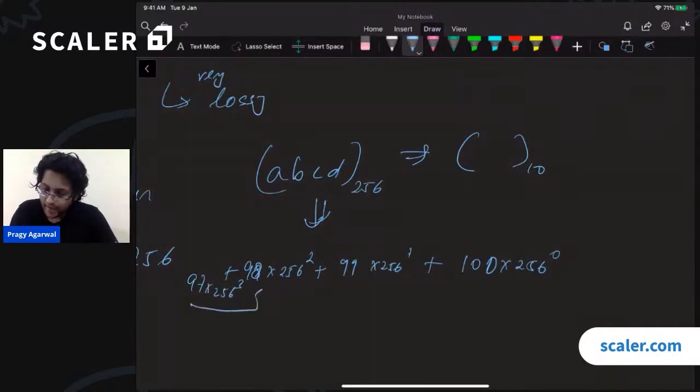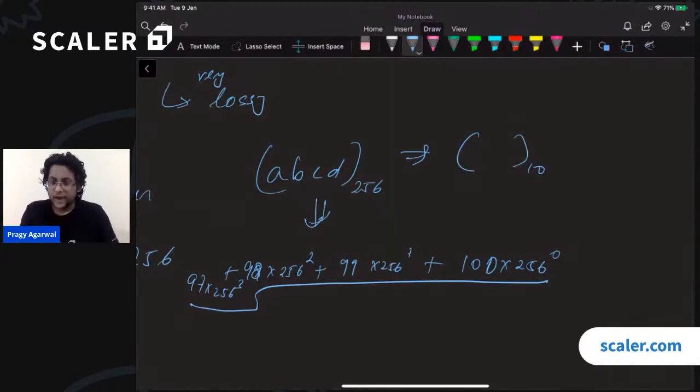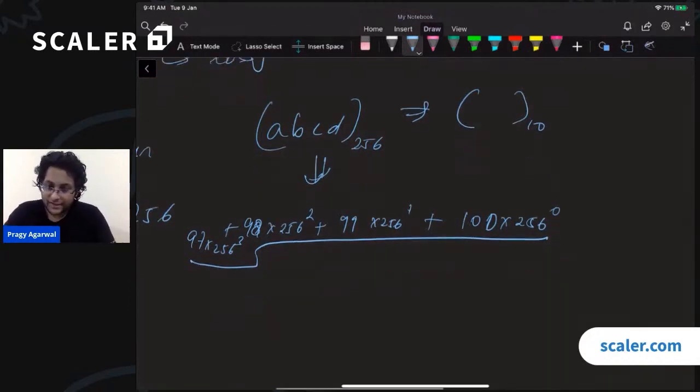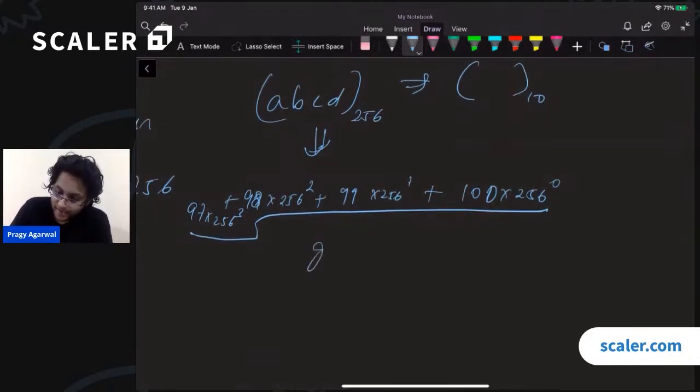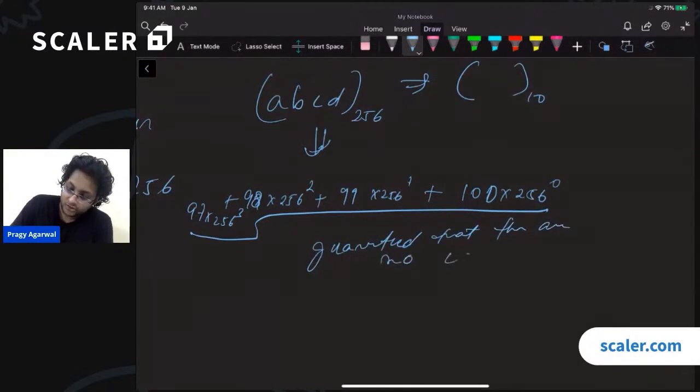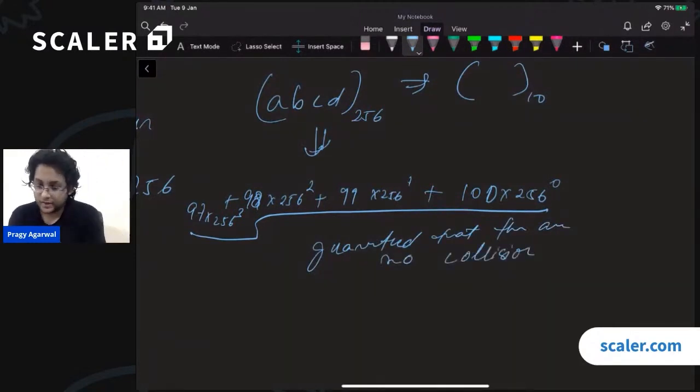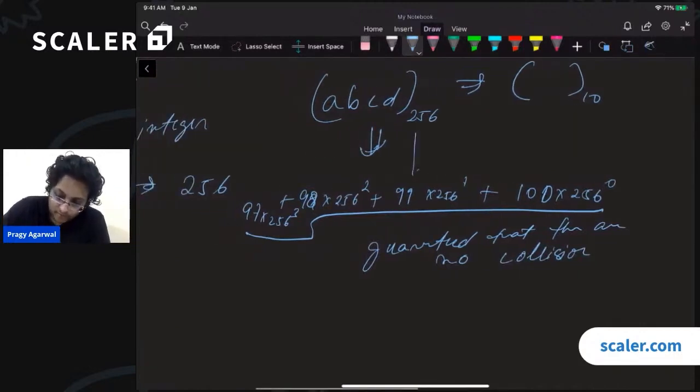This is how I can make sure that I have the entire information of the string. If I have this hash function, then it is guaranteed that there are no collisions, because I'm not losing any information. I'm just encoding that string. I can go from here to here and I can go back. So there's no loss of information.